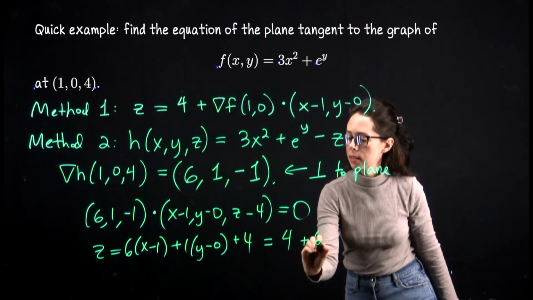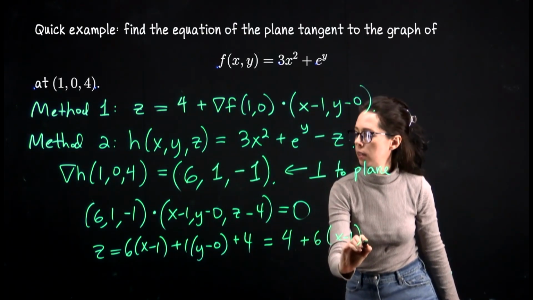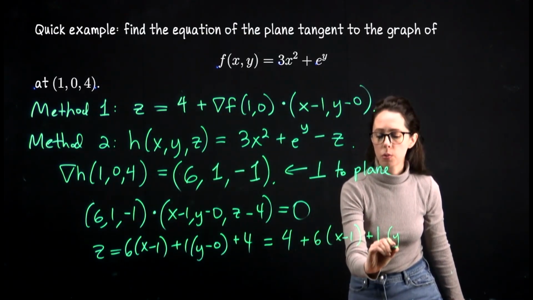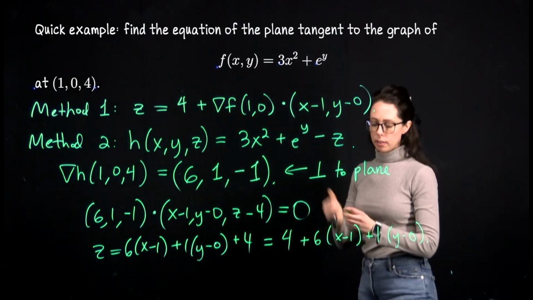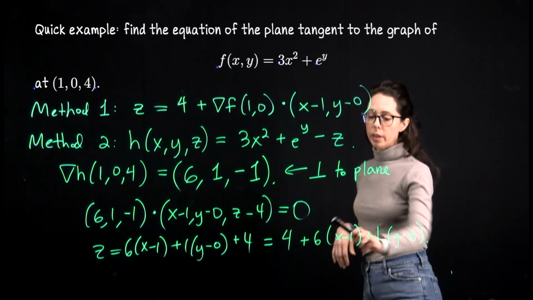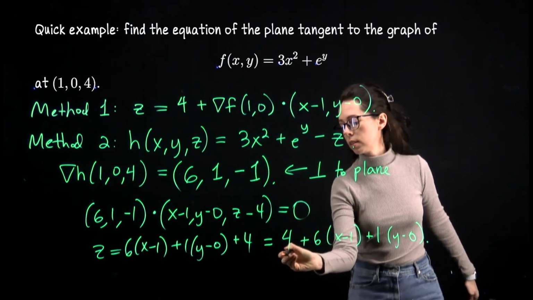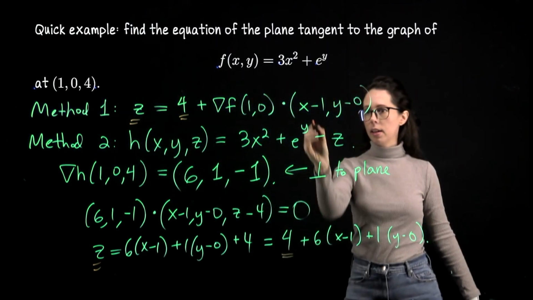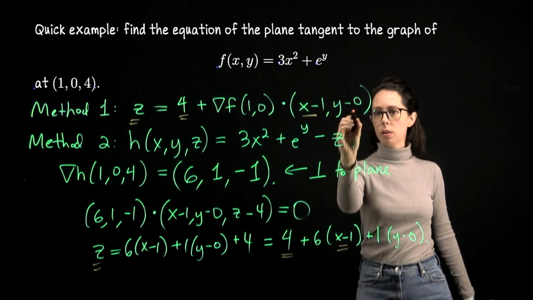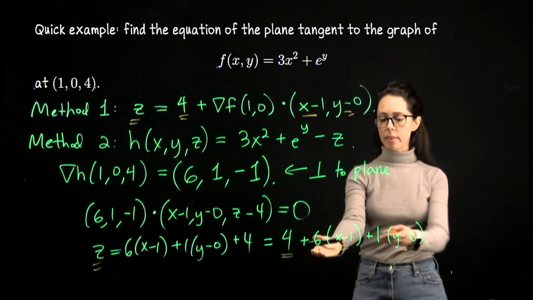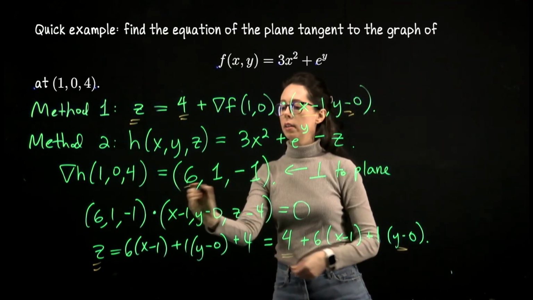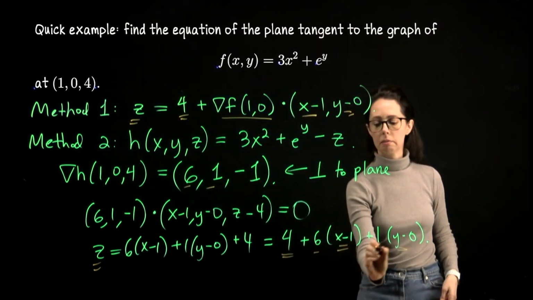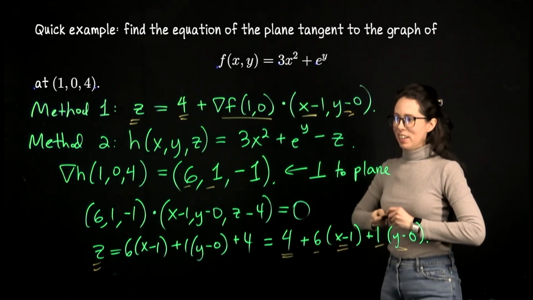I'll write 6 times x minus 1 plus 1 times y minus 0. We're done. If we compare this to this, 4 is here, this z is here, x minus 1 is here, y minus 0 is here, and then the 6 and the 1 are the coordinates of the gradient, like that. Okay.